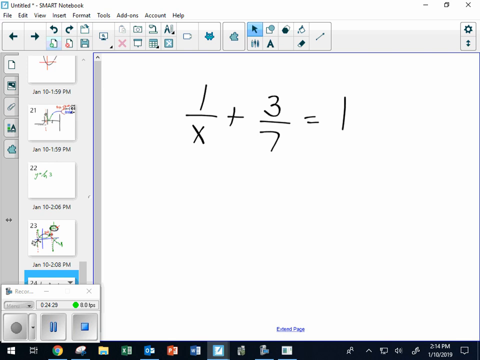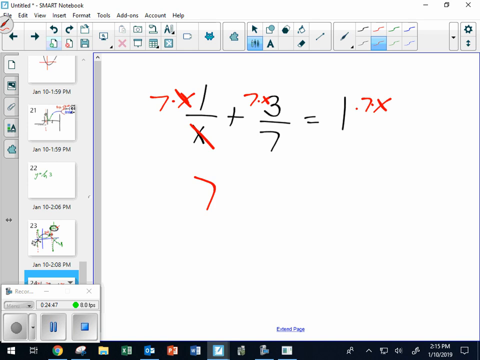What could you multiply by? Yes. Very good. Not just 7, because that would fix one of my problems. 7x. Because if I multiply by 7x, it fixes the 7 and the x. And now I have cancel, cancel, 7 plus cancel, cancel. 3x equals 7x.